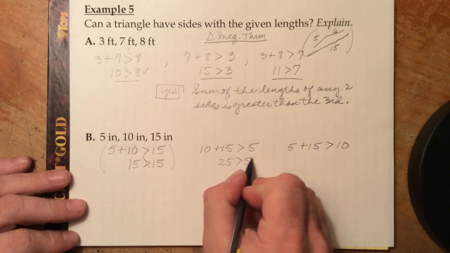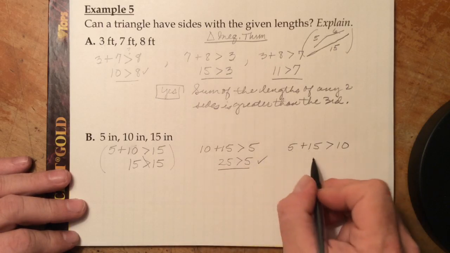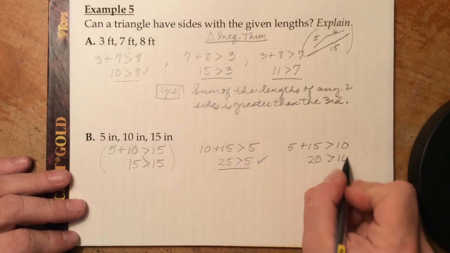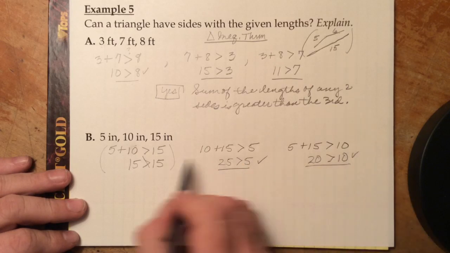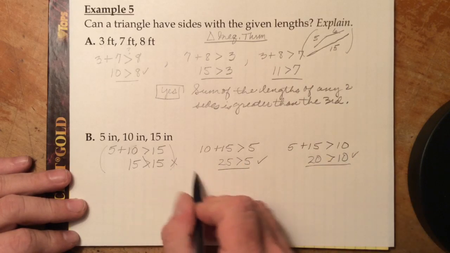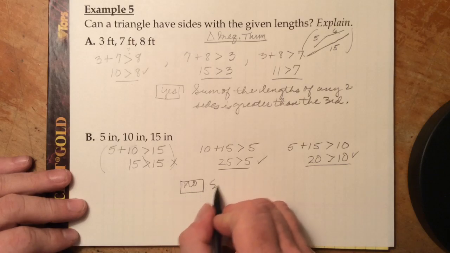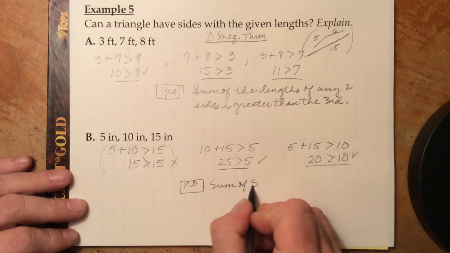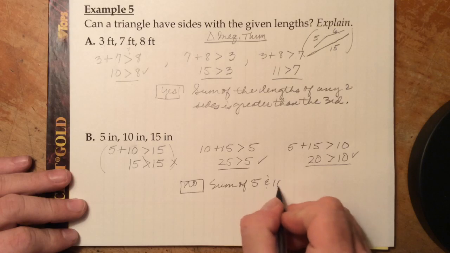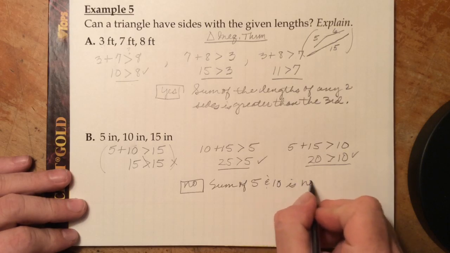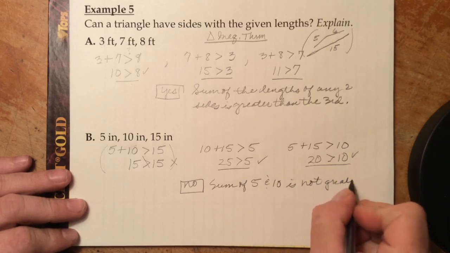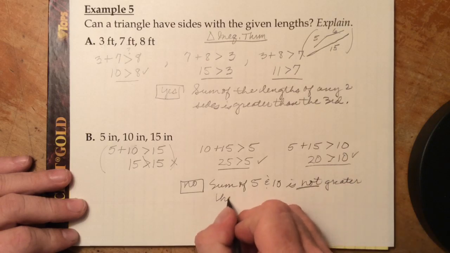It is greater than 5. 5 plus 15 is 20, and it's greater than 10. So although these two worked, since this one did not work, no. The sum of 5 and 10 is not greater than 15.